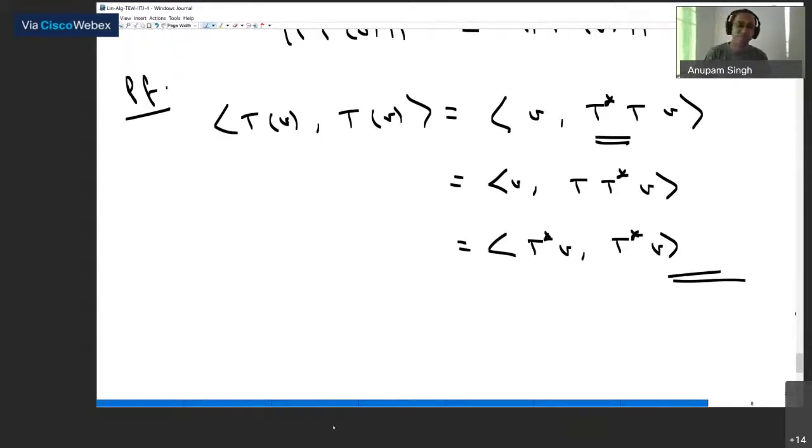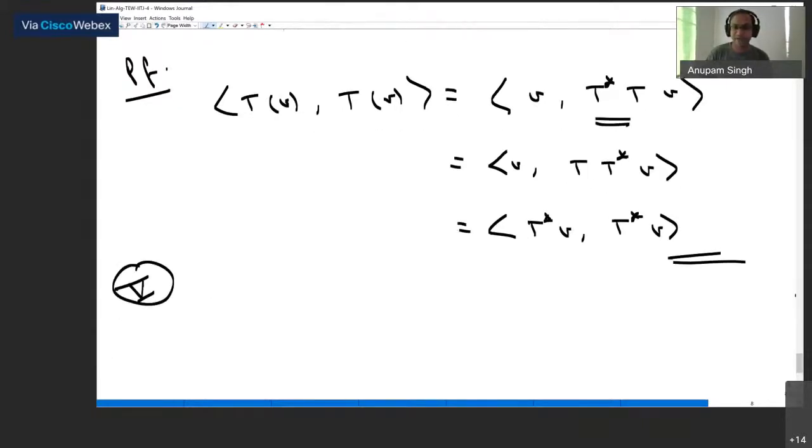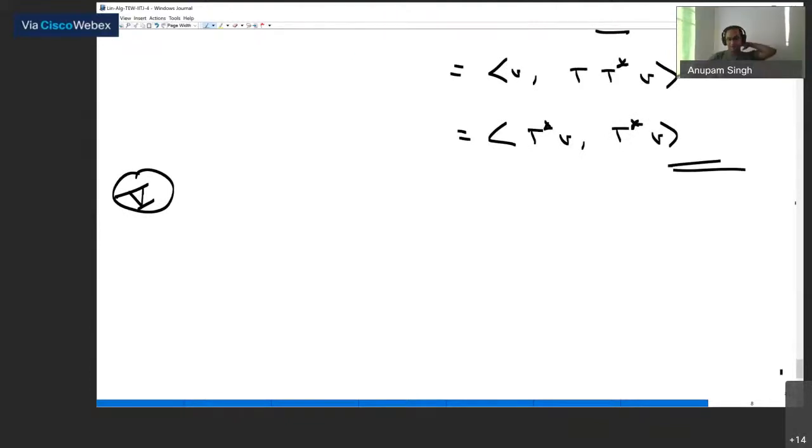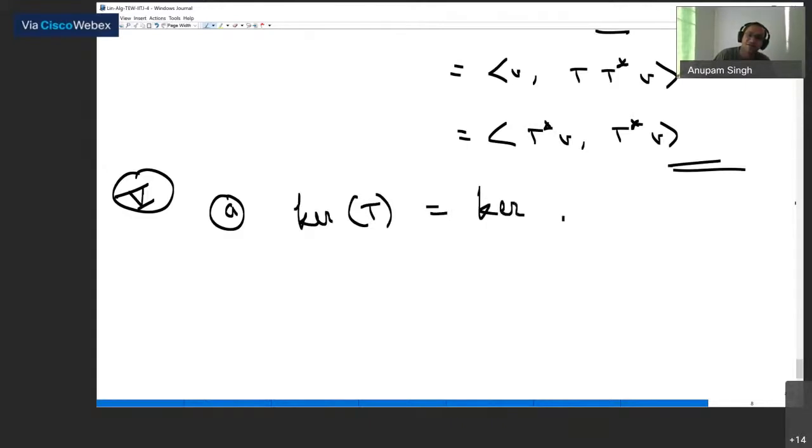Okay, so let's prove property 5, and this is quite an interesting and important property. This is the only one which will require a little bit of effort in proving. So the property is as follows. There are two parts. Part A: kernel of T and kernel of T star are the same.